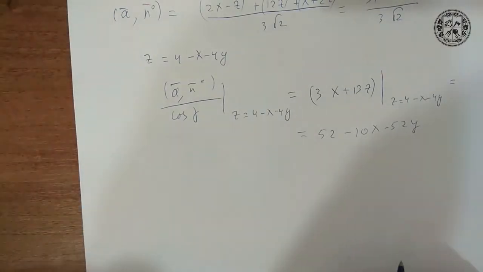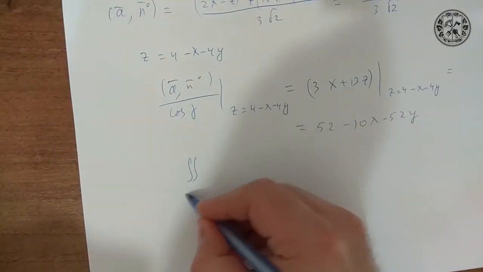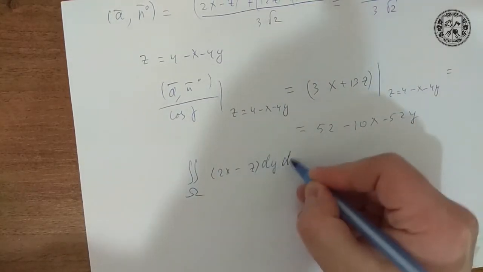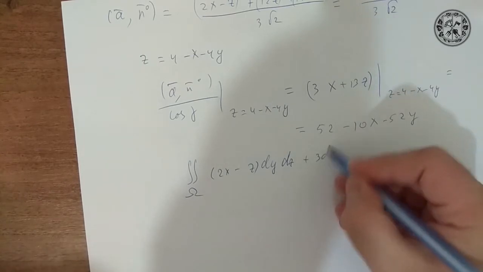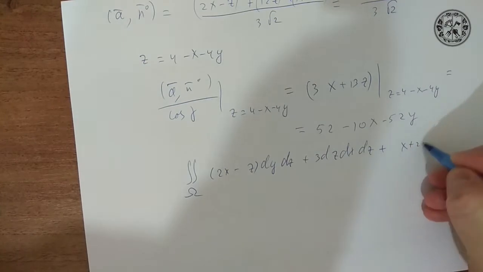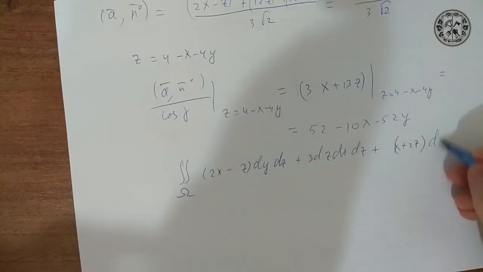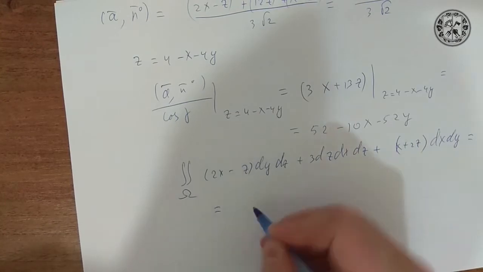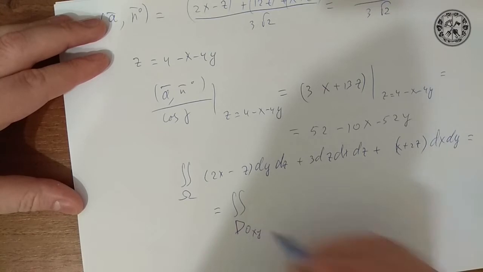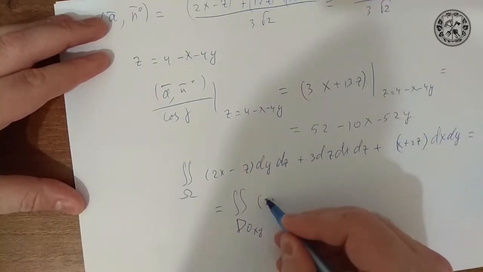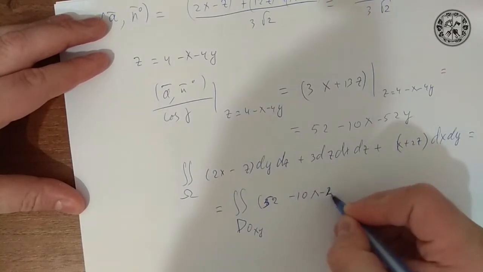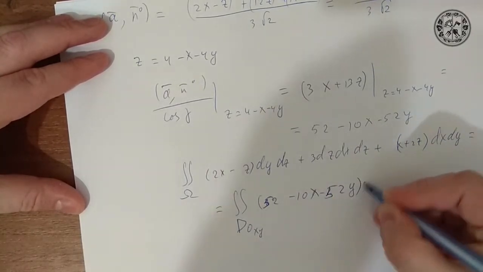Now finally we can write down that this integral by omega of (2x minus z) dy dz plus 3z dx dz plus (x plus 2z) dx dy will be the double integral by region D in Oxy of (52 minus 10x minus 52y) dx dy.